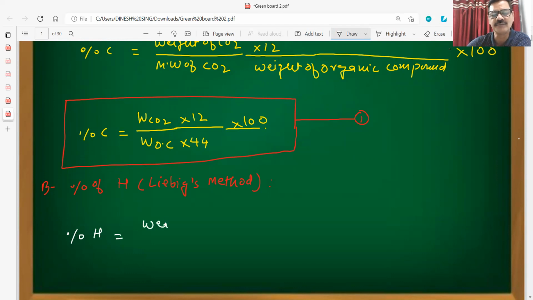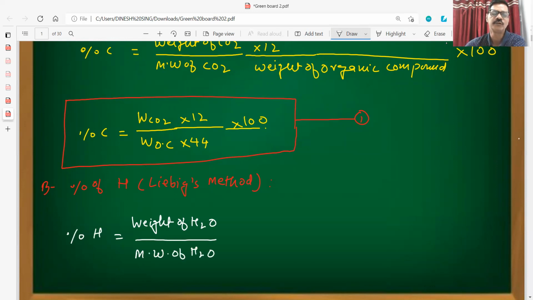Weight of H2O divided by molecular weight of H2O. By this quantity we will get the moles of H2O, and whatever are the moles of H2O, 2 times of that will be the moles of hydrogen.